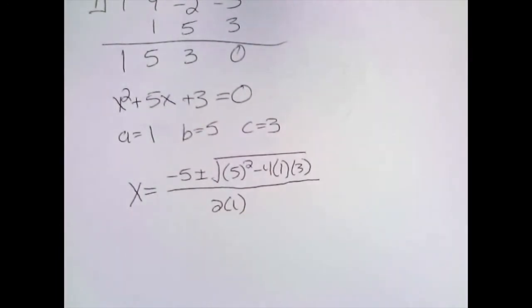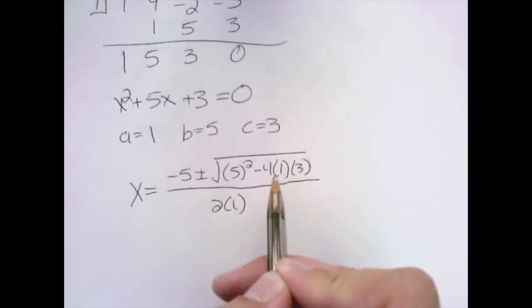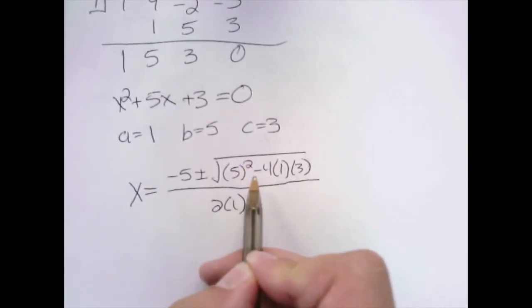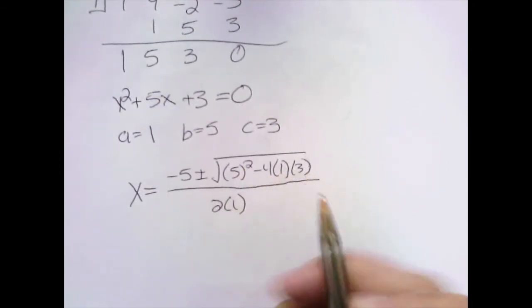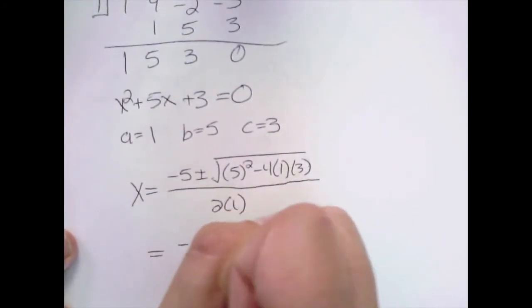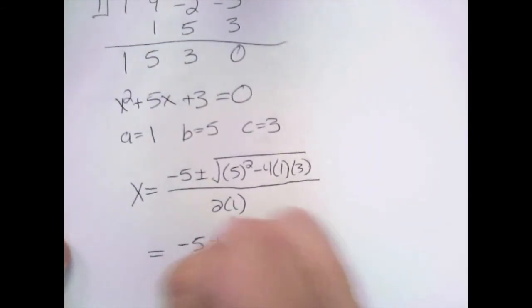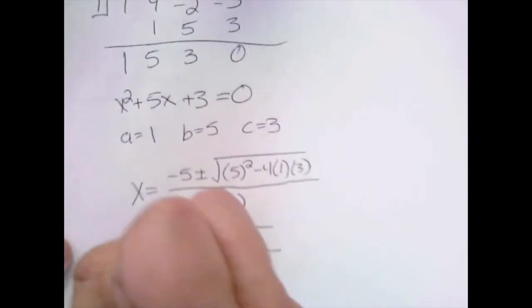Now we've talked about the quadratic formula before. I would start by trying to simplify what's inside that square root. So I'd figure out what 5 squared minus 4 times 1 times 3 is. And if you do that in a calculator, you're going to get 13. So we have negative 5 plus or minus the square root of 13 divided by 2 times 1, which is 2.